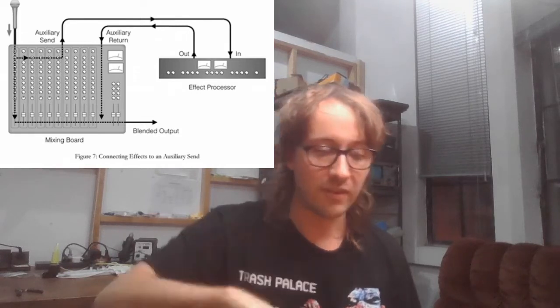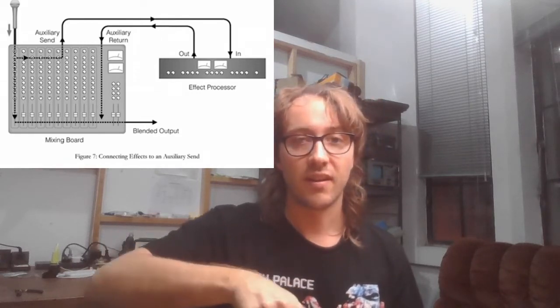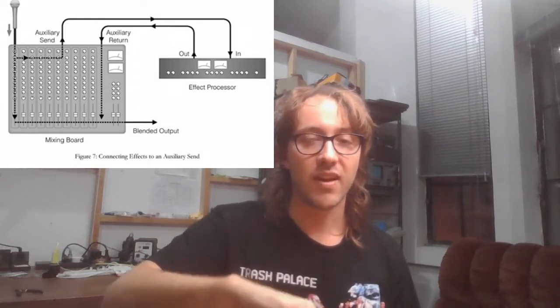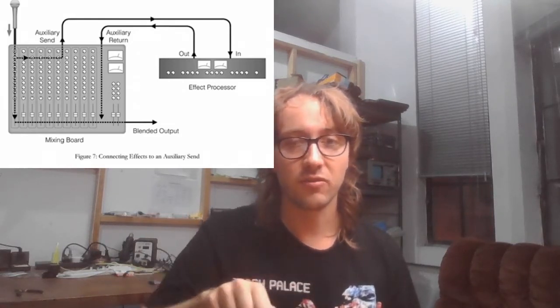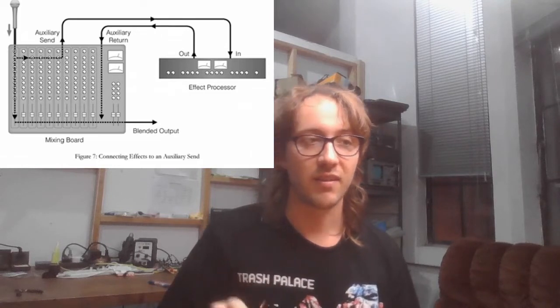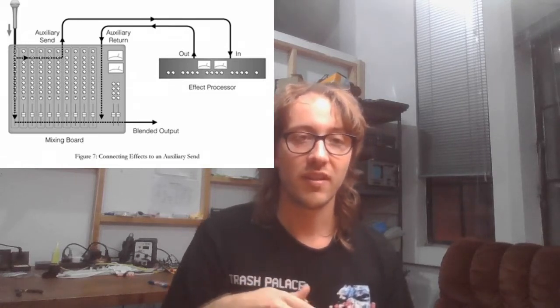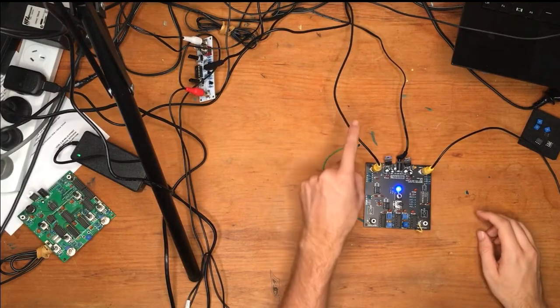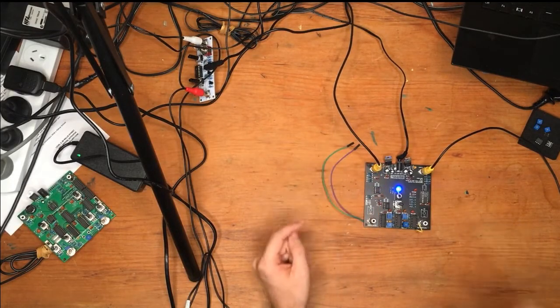And on the mixer itself there'll be a control for mixing between the dry and the wet signal, where dry is the clean signal before it goes to the effect, and wet is after it comes back from the effect unit.